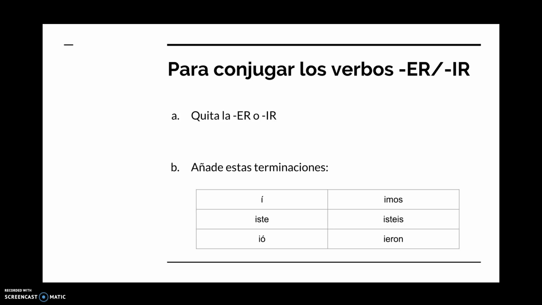Note once again the accent on the I of the yo form and on the O of the usted form. Make sure to note them so that you can conjugate verbs correctly and get full credit. Now, pausa el video, otra vez, y conjuga el verbo beber, to drink. Once you're done, unpause the video so we can continue taking notes on spelling changes.